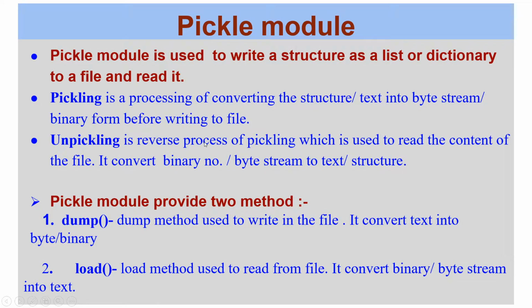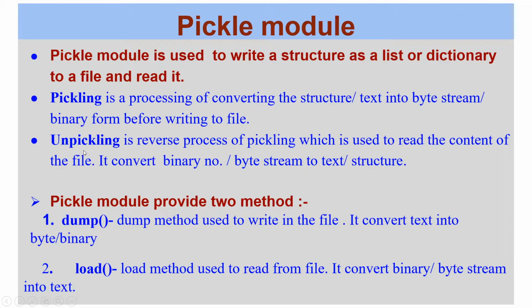Unpickling is the reverse process of pickling. From the name it is clear that this is the reverse process of pickling, which is used to read the content of the file. So with the help of the unpickling process, we will read the content of the binary file. And how can we read the content of a binary file?